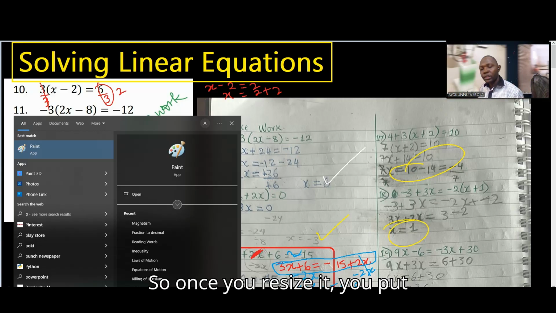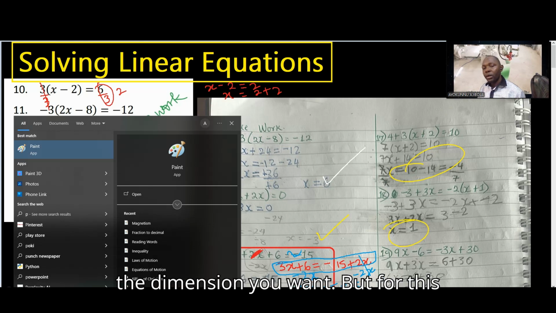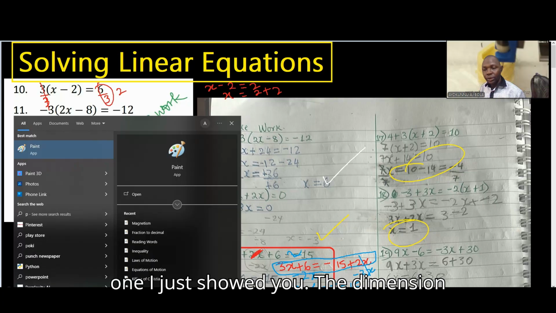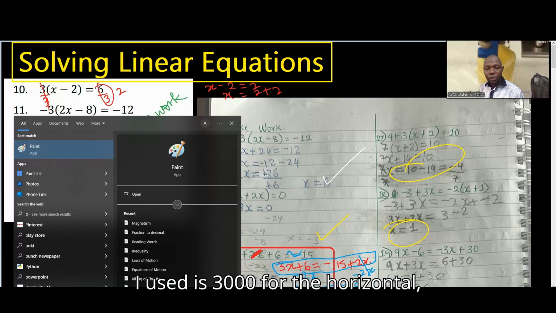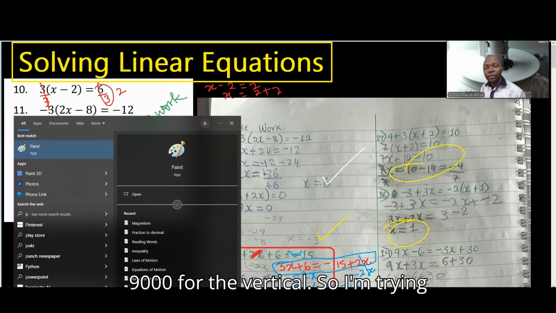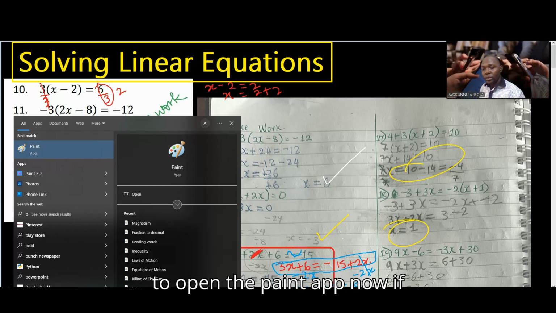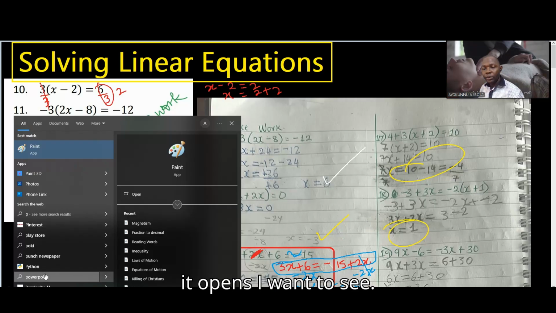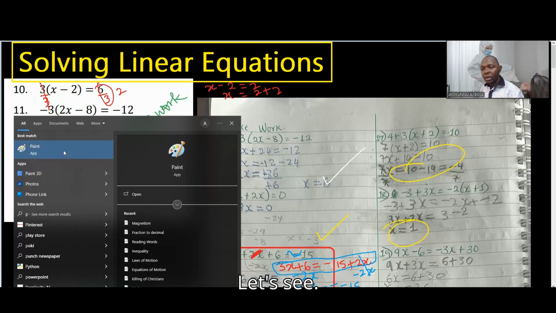Once you resize it, you put the dimension you want. But for this one I just showed you, the dimension I used is 3,000 for the horizontal, 9,000 for the vertical. So I'm trying to open the Paint app now. If it opens, I want to see. Let me see.